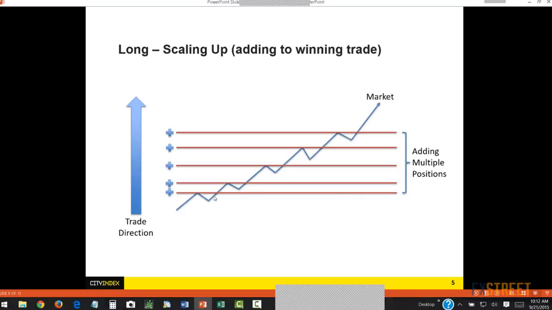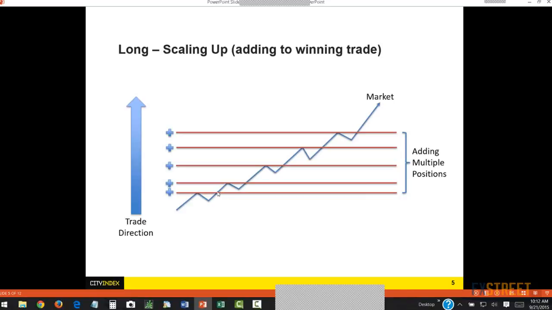Therefore, a technique for getting into position, preferably, is adding to the position as the trade develops, and this is a good way to do that. So here we have, let's say this is one technique. As we have a trend going up, we see a break to the upside above the last peak.